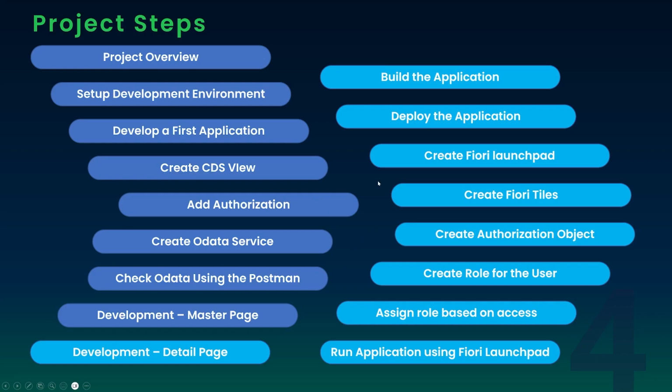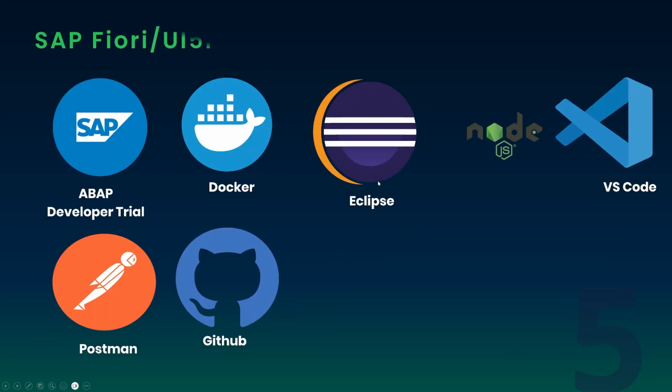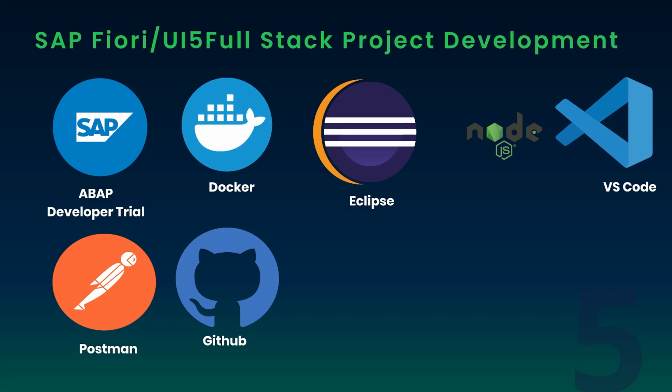So now let's talk about what tools you need to know. If you don't have access to your office, I mean if you don't have any environment, first of all you need SAP to work on.